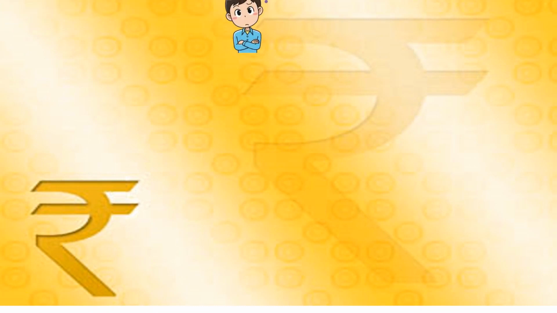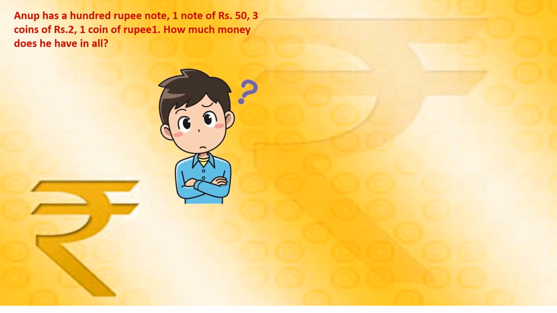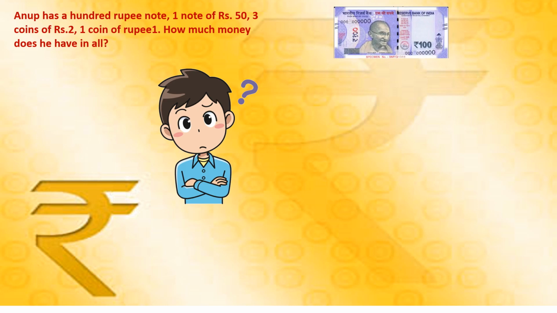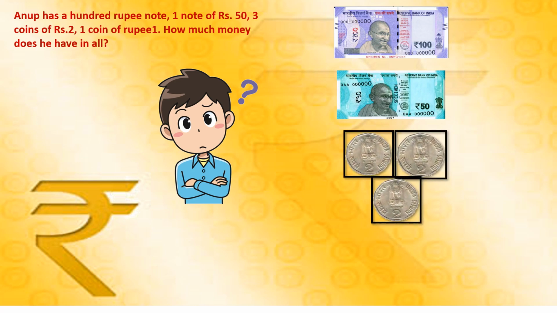Another way of counting money. Anup has a 100 rupee note, 1 note of 50, 3 coins of rupees 2, 1 coin of rupee 1. How much money does he have in all? If you count, you have a 100 rupee note, a 50 rupee note.